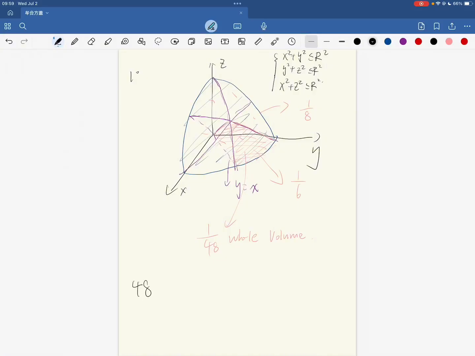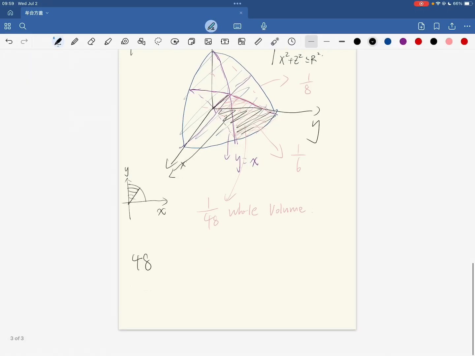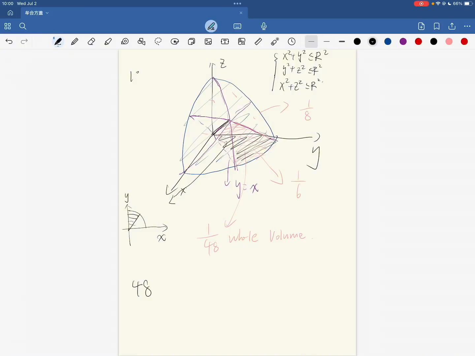So firstly, we compute this volume and multiply by 48. To think of this, let's draw the picture in the coordinates of x and y, which is a 1/4 circle, and the area is this. If we have this area, we could integrate over this part.